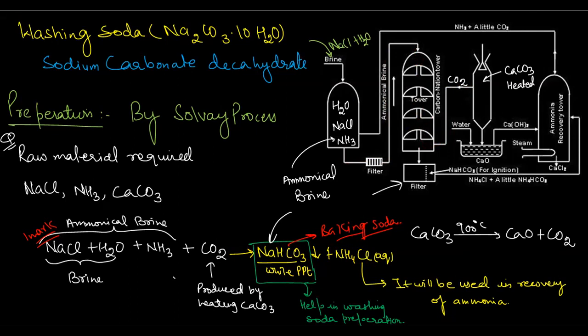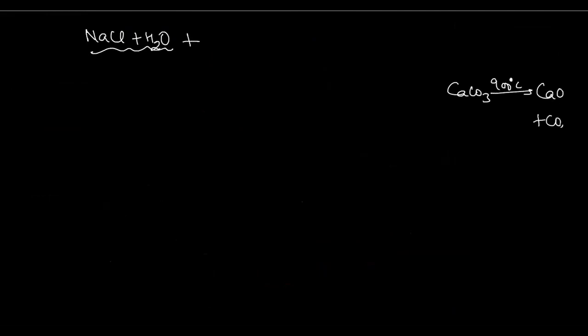Let me explain it again so that you can understand. What would happen here is, beta, we take the sodium chloride and water. This is a brine. When we heat the calcium carbonate at 900 degrees Celsius, it gives you calcium oxide and carbon dioxide.